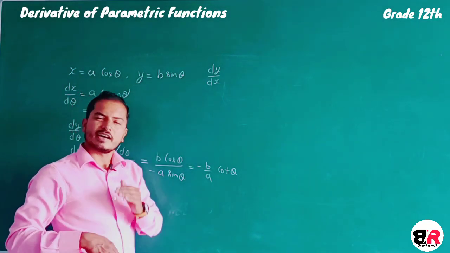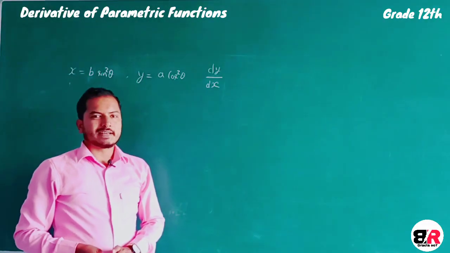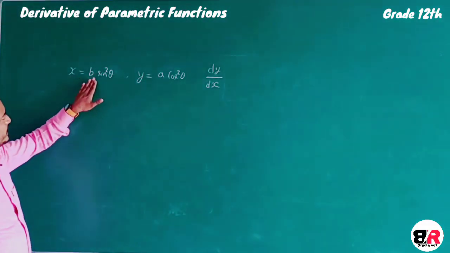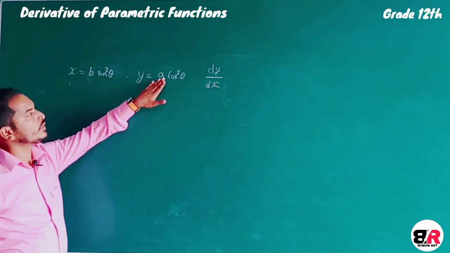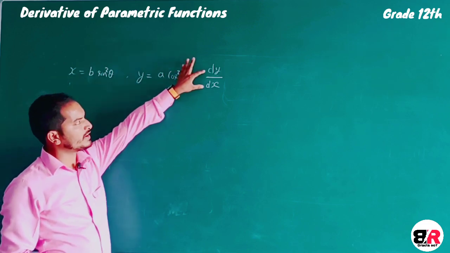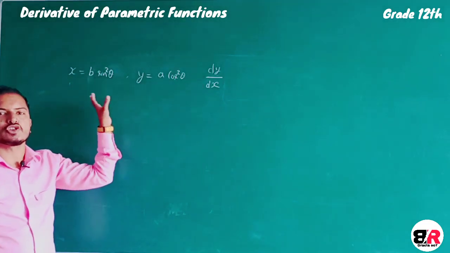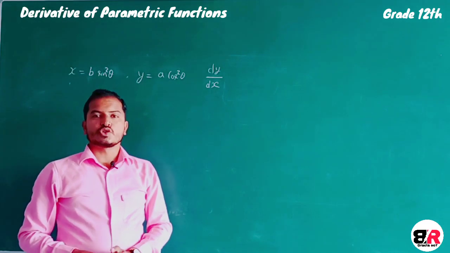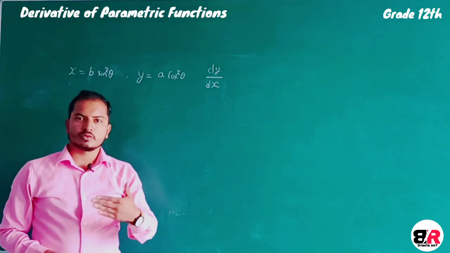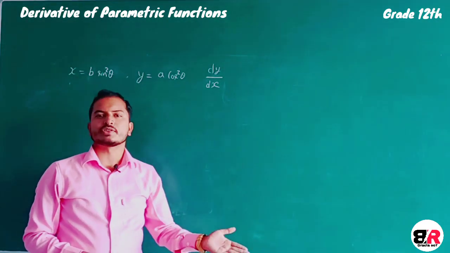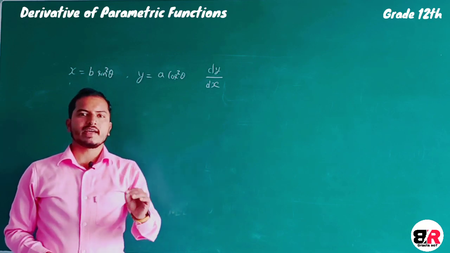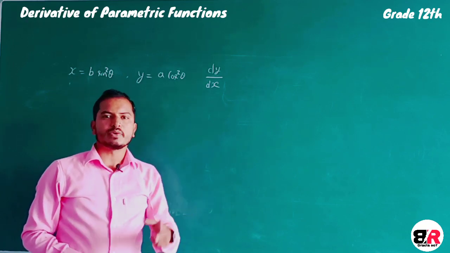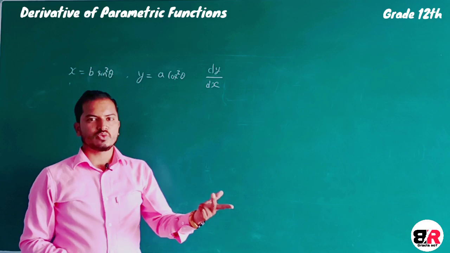Let us take another example. Here I have written the third example, that is x is equal to b sin square theta, y is equal to a cos square theta. We need to find dy by dx of this parametric function. It is very clear that x is a function of theta and y is also a function of theta. So we will differentiate x with respect to theta as well as y with respect to theta.